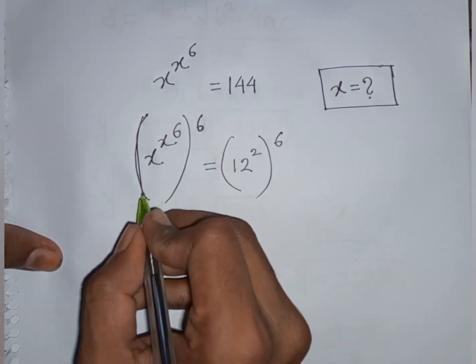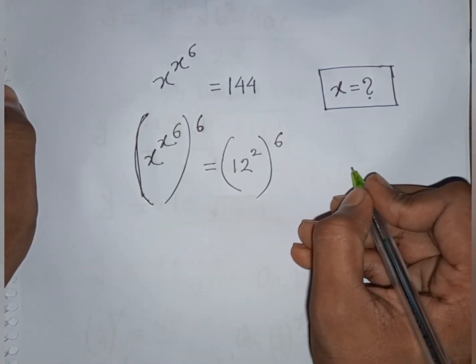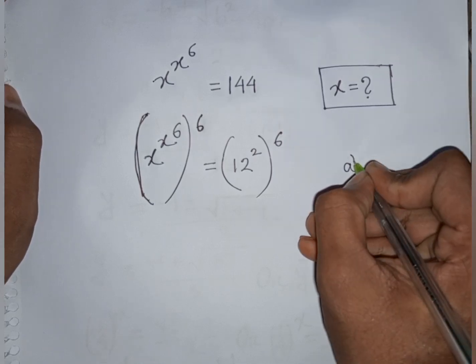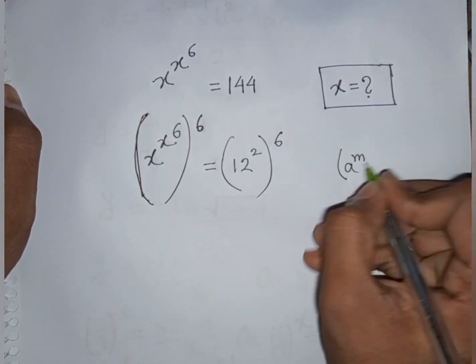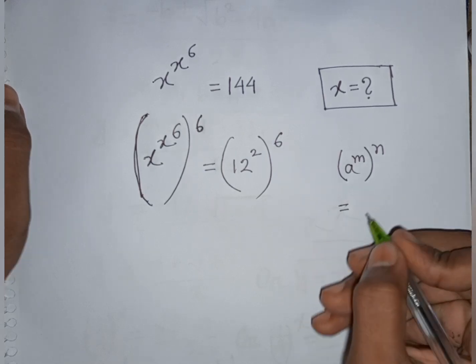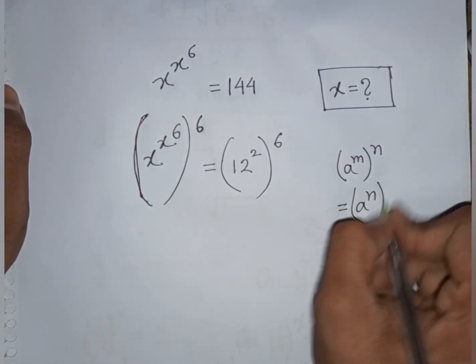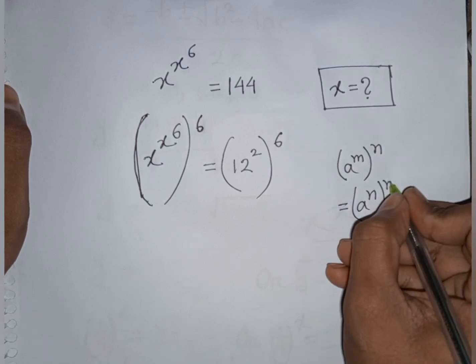Now here we can apply this exponential rule that a power m bracket power n is equal to a power n bracket power m.